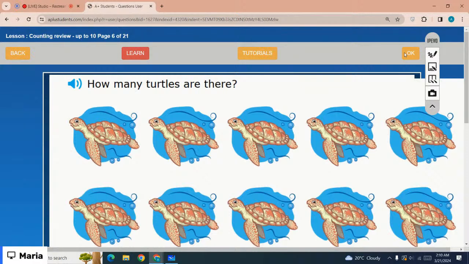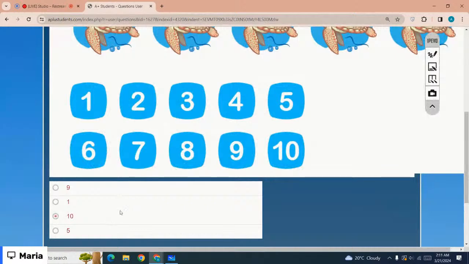How many turtles are there? The correct option is 10 turtles, right? Very good. That is 10.